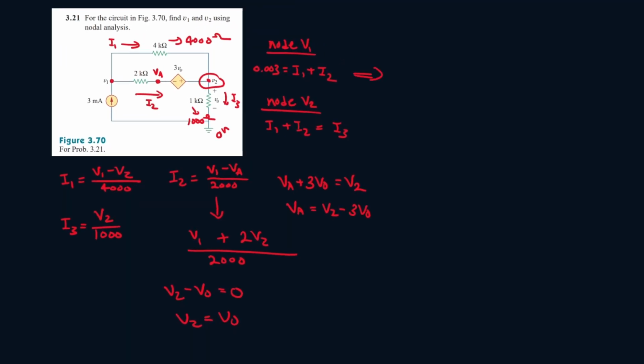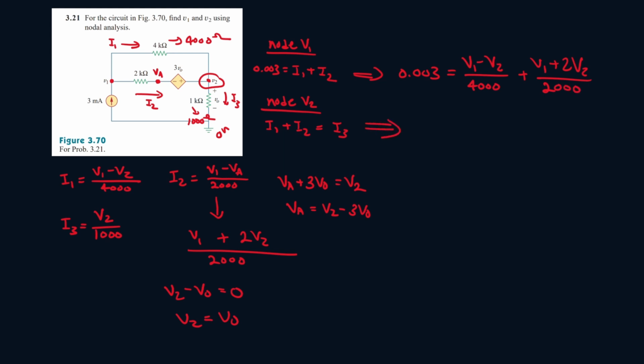So let's take this one, 0.003. This is equal to V1 minus V2 all over 4,000 plus V1 plus 2 V2 all over 2,000.